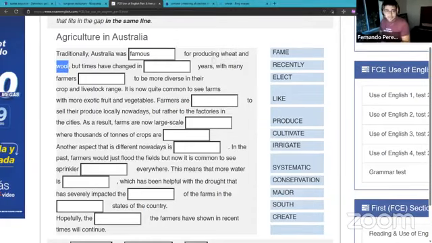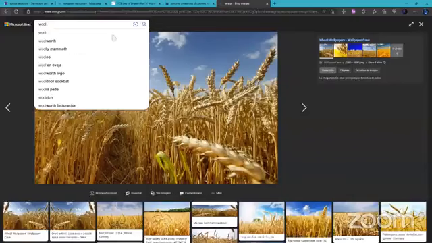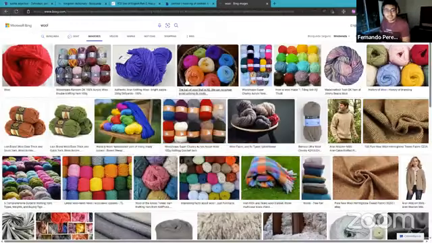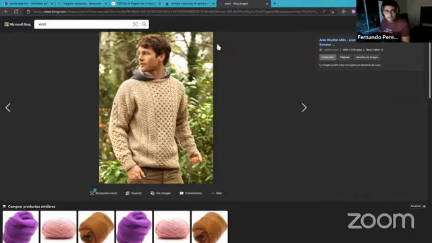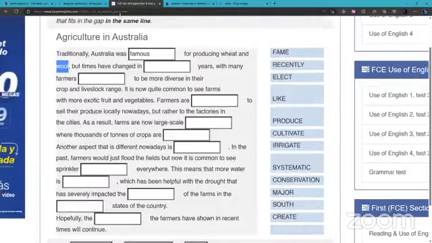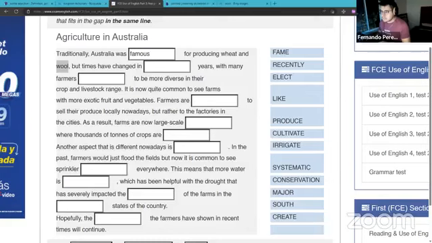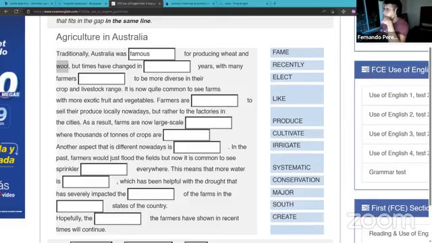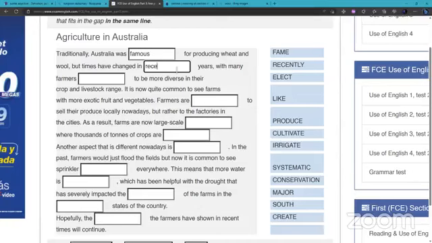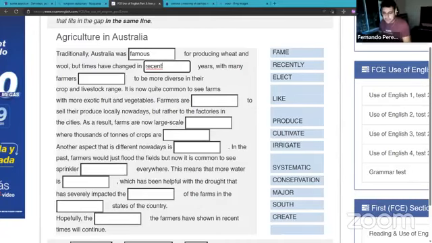Another material, but that one is extracted from the sheep. Oh, okay. Yes. Traditionally, Australia was famous for producing wheat and wool, but times have changed in recent years. Perfect. That's totally correct. Very good pronunciation. Recent. Exactly. The first E sounds like E.